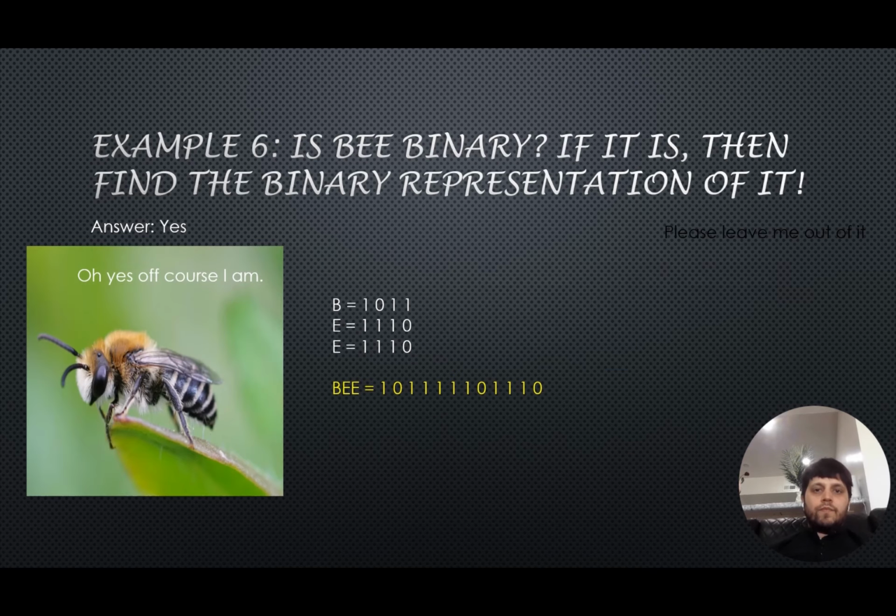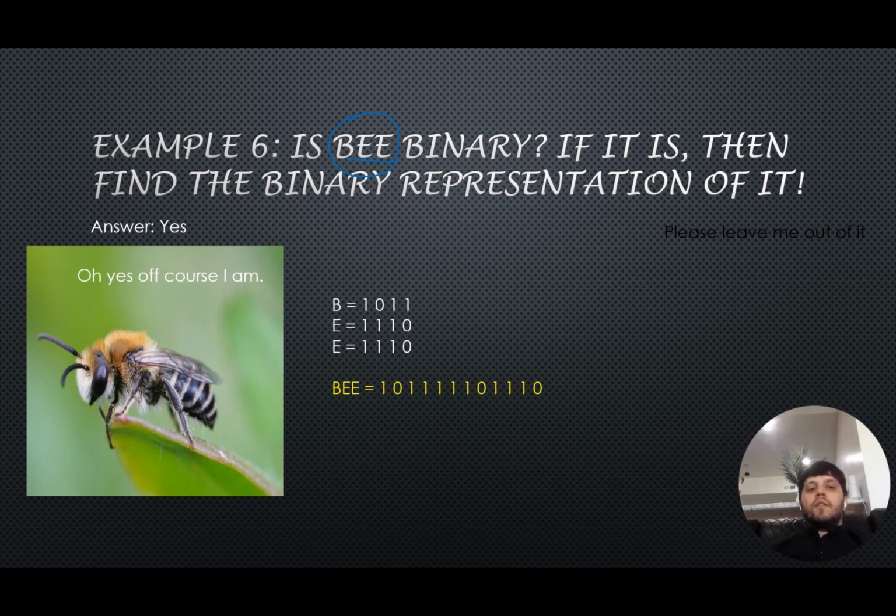Example number 6 says, is BEE binary? If it is, then find the binary representation of it. One thing we know is that BEE is a hex number, with hex letters. B is 11, E is 14, and E is 14 in decimal value.